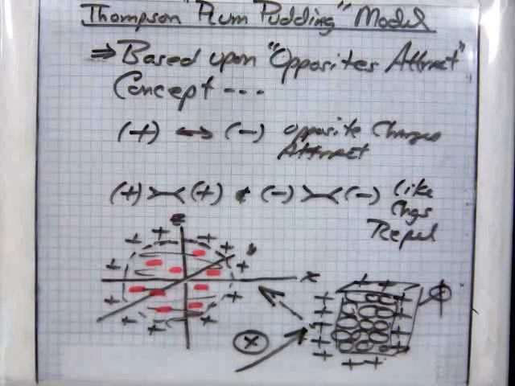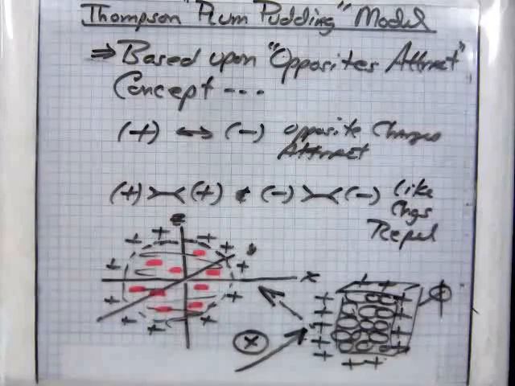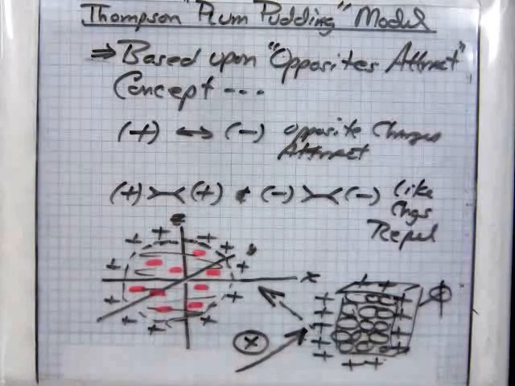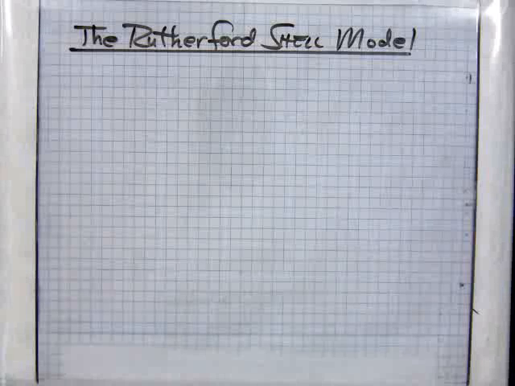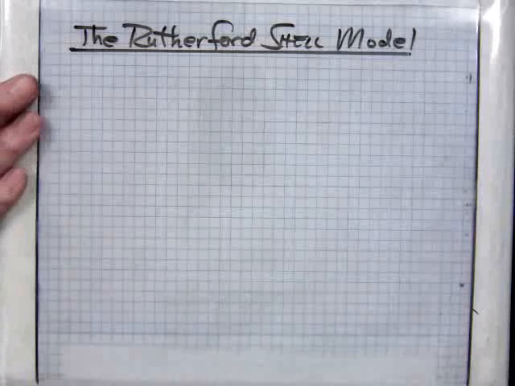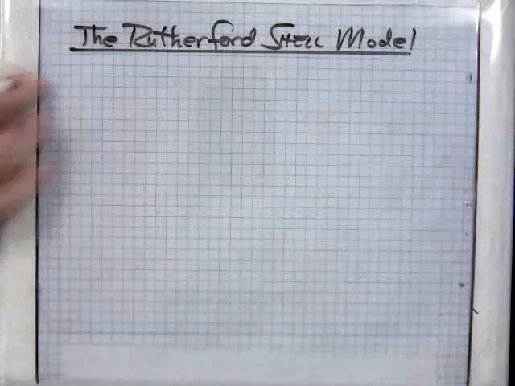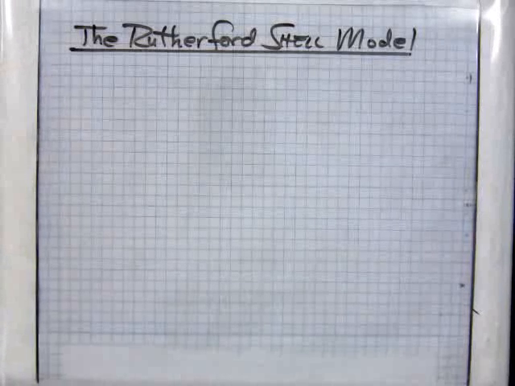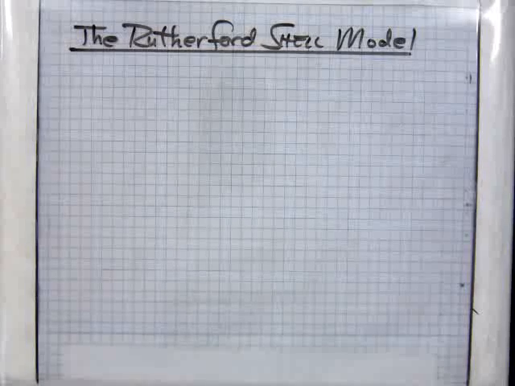Well, Ernest Rutherford and his group set out to prove that that was a true hypothesis. The evolution of the Rutherford shell model began with Ernest Rutherford trying to prove the Thompson model.